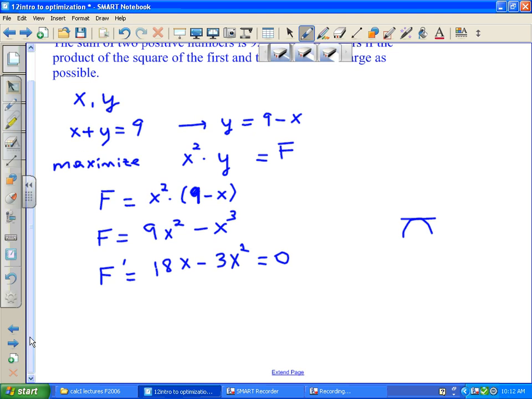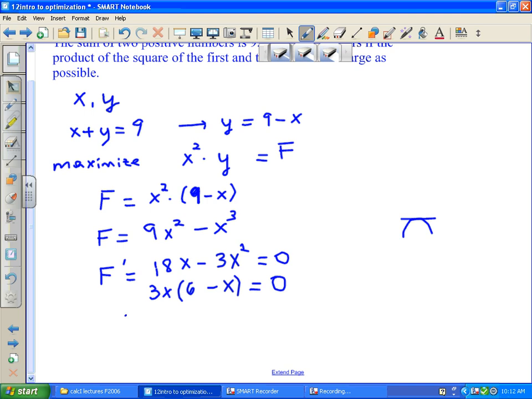Okay, let's try to solve this for x then. Take out a 3x. So we have a 6 from the first one and minus x from the second one. Okay, so we now set each one equal to 0. What do you get from the first one?